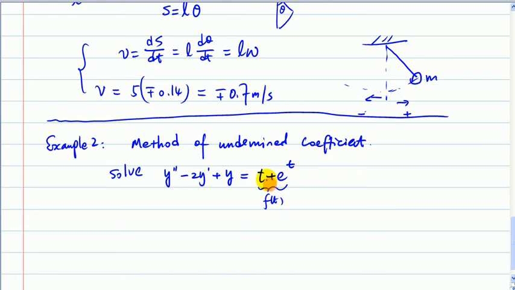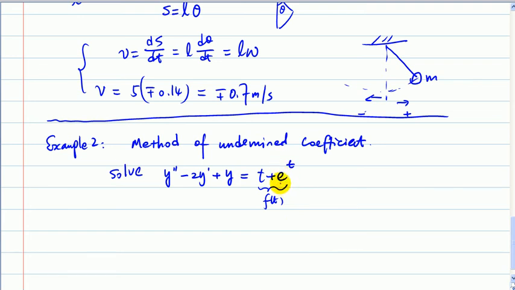It happens to have two different formats here: one is the ramp type, and the other is exponential type. According to the table we're given, we first have to use the sum rule, because you have two different types of forcing function here.